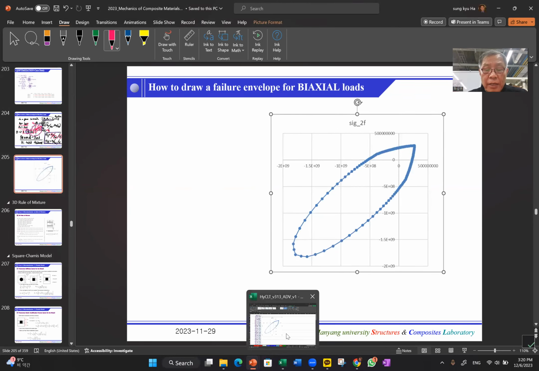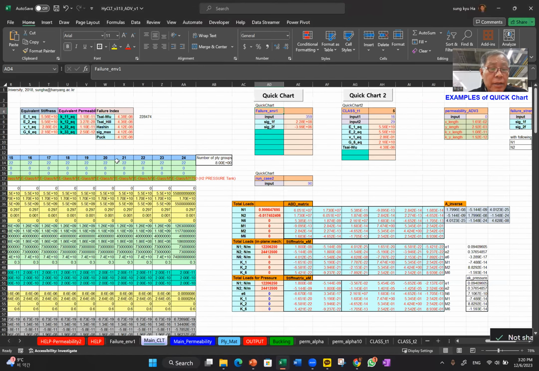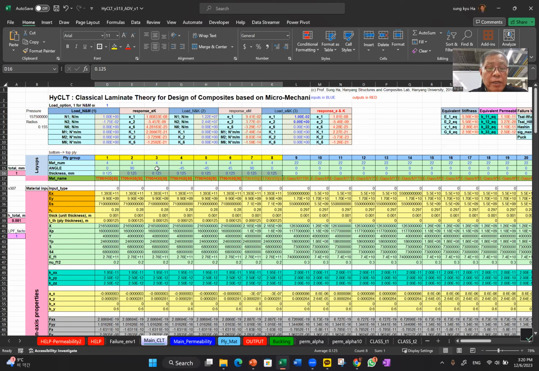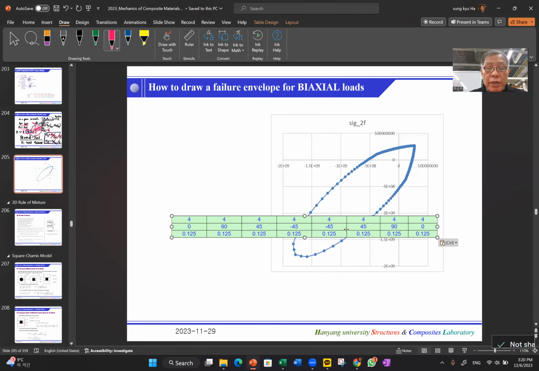We didn't emphasize enough about the laminate sequence, but as you can see, we use the quasi-isotropic, and each ply thickness is 0.125, so it's precisely quasi-isotropic. And then material property number 4, that is the T700. So I'm gonna just copy here.